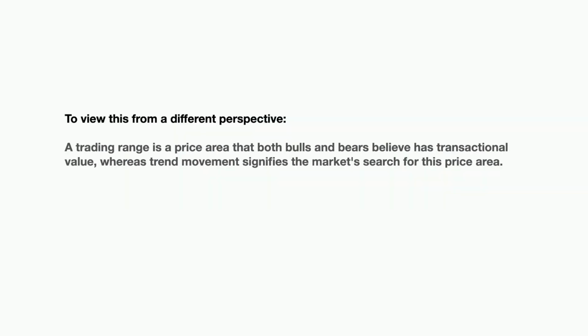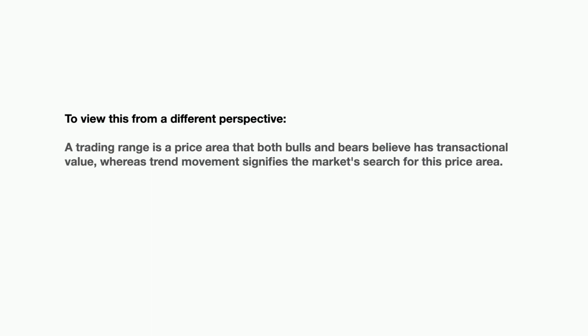From another perspective, a trading range is a region where both bulls and bears see trading value. A trend is when the market is looking for this value region. Within a consensus value region, bulls and bears continue to participate. When one side no longer sees value in the current price, they choose to temporarily exit and observe, breaking the range. The market then enters a trend to find a new price region.